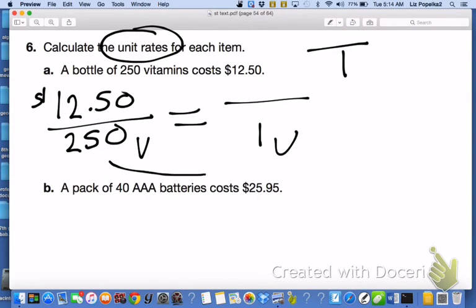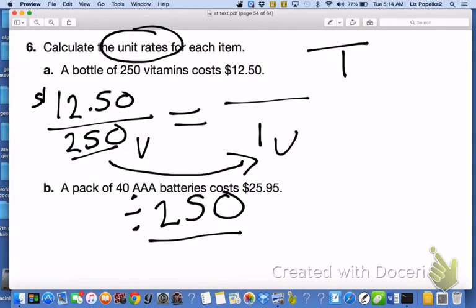So to go from 250 to 1, I have to scale down. I have to divide by 250, because 250 divided by 250 is 1. If I scale the denominator down by 250, I scale the top down by 250 as well. Even I'm not going to try to do this in my head, that's for sure.